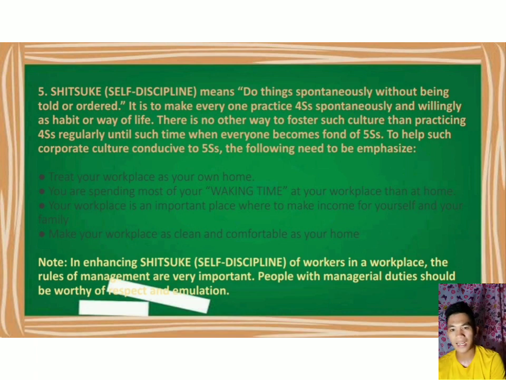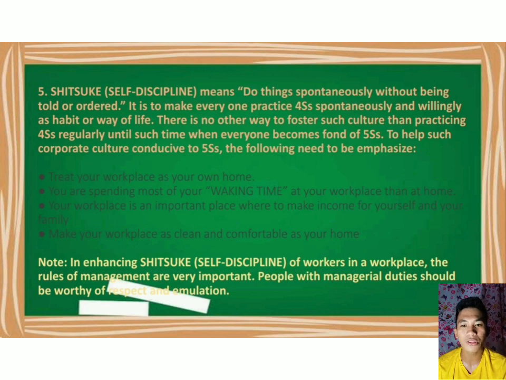The fifth one, the last one, shitsuke or self-discipline, means do things spontaneously without being told or ordered. It is to make everyone practice 4S spontaneously and willingly as a habit or way of life.